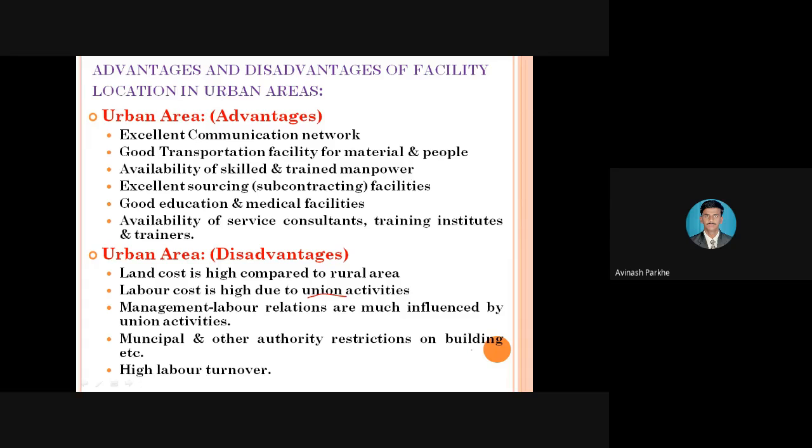Up to that only we have to satisfy. But if we have to increase the number of floors, again you have to take prior permission from the municipal authority. That means some restrictions are there in the urban areas, but such restrictions are not there in the rural areas. Therefore, the maximum restrictions are there from the municipals and other authorities related to the buildings.